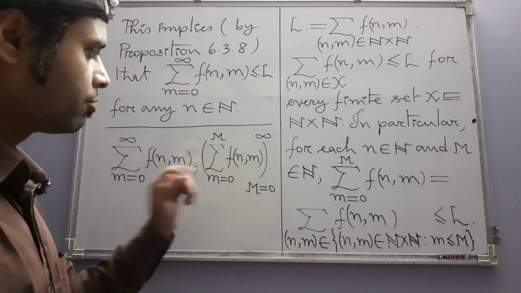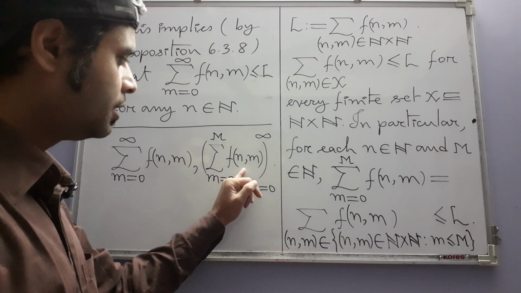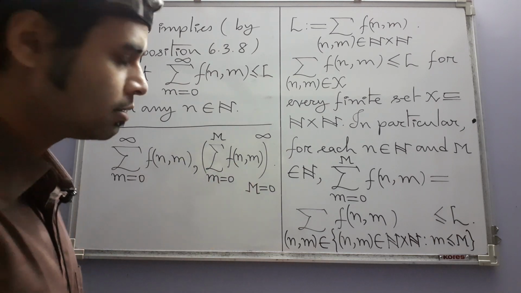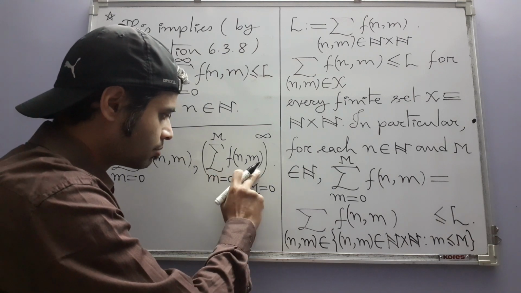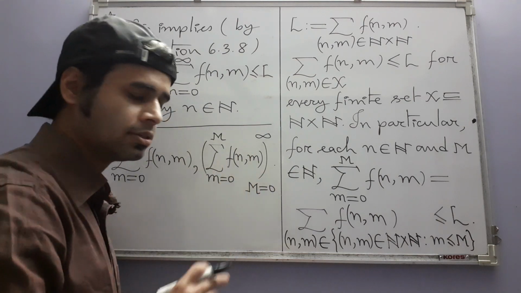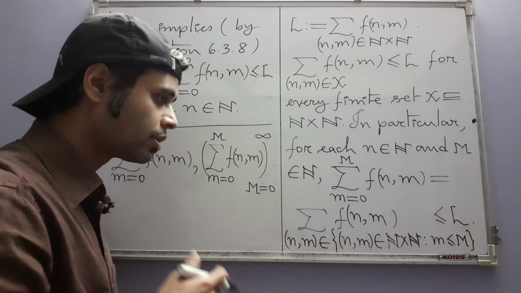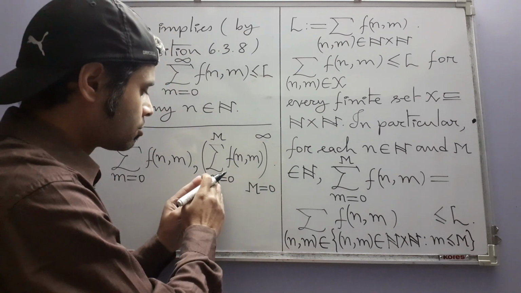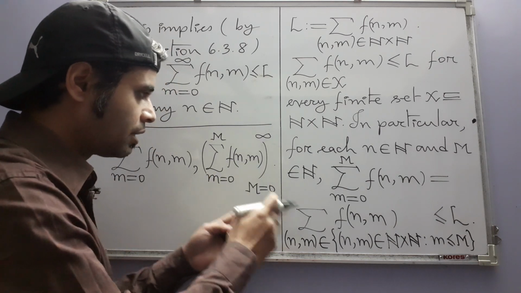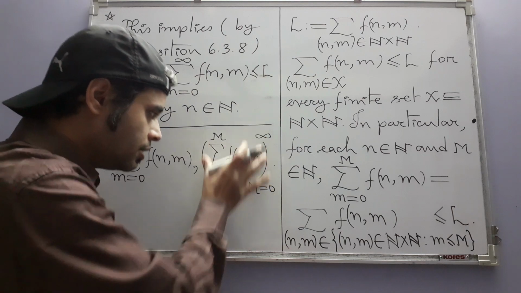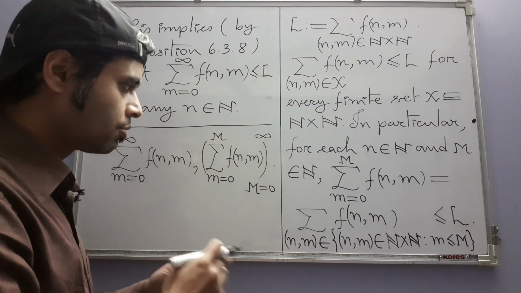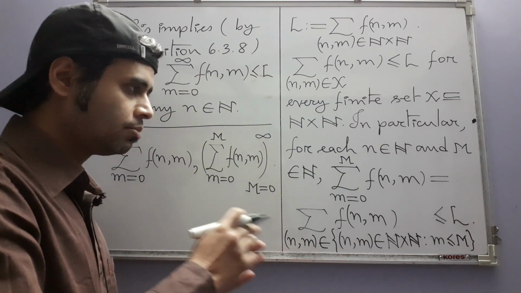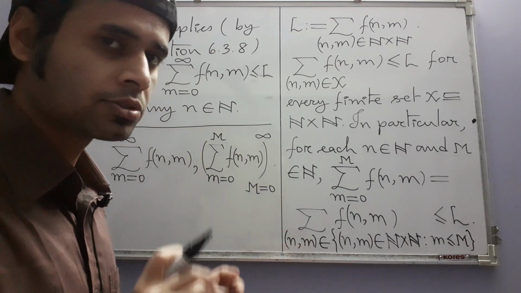And if you look at this sequence and also keep in mind that all the terms in each finite series are non-negative real numbers. So the more and more terms you consider in this sequence, the more and more f of n comma m you have to add to get those terms.